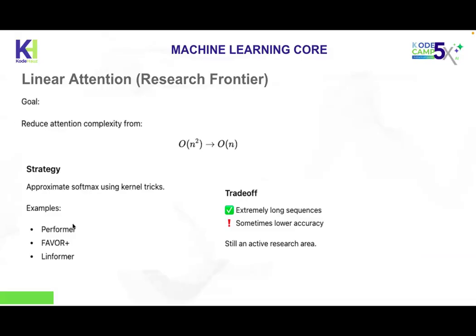One idea is to approximate softmax using kernel tricks, because softmax is part of what makes it O(n squared). But at the end of the day, you end up having very long sequences, and sometimes low accuracy. That's still in research. There are a few proofs of concept and examples, but we've not really had them used in practice.